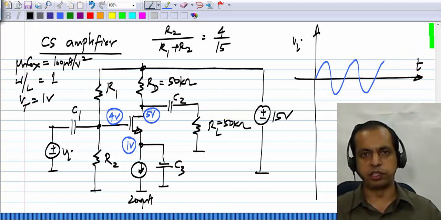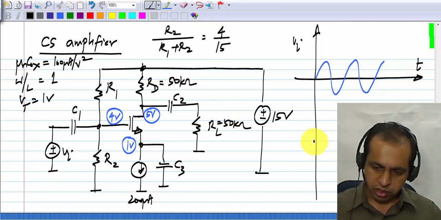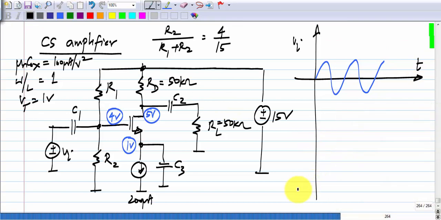This is the time axis. If I plot the gate voltage Vg, the operating point voltage is 4 volts.